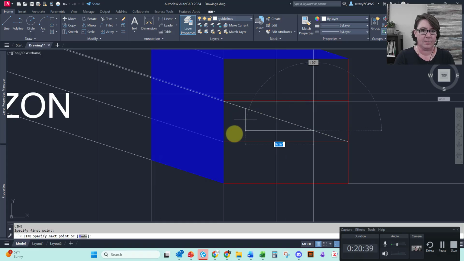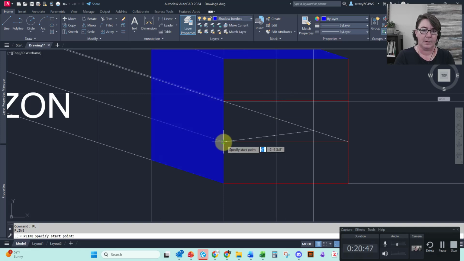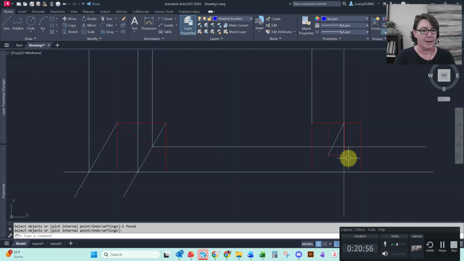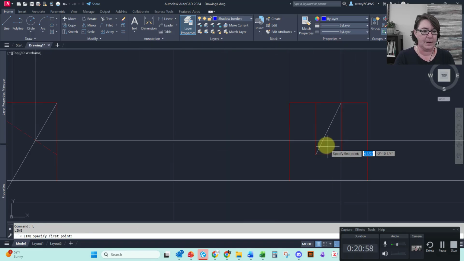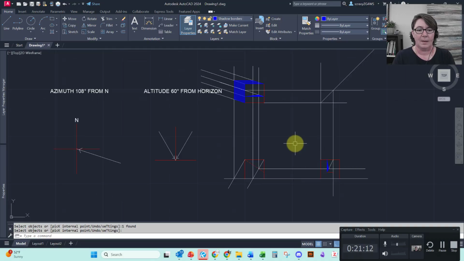You're going to connect that corner to here, and then moving to our shadow borders, let's draw that shadow in the plan view. Then in your elevation view, you would connect this edge to here, and let's draw those shadow borders. And that's what you're going to see for the shadows for this exercise. Thanks, everyone.